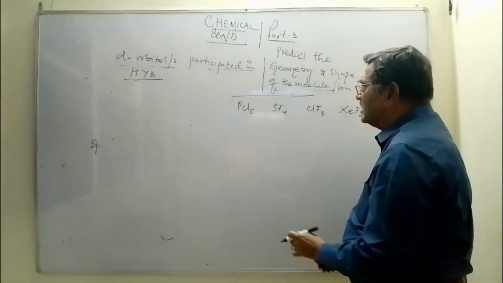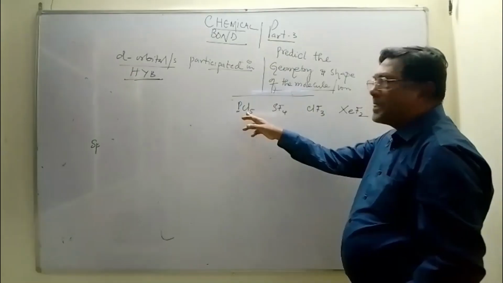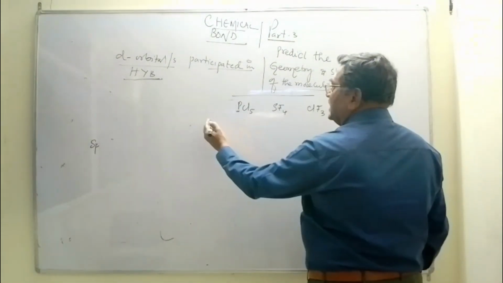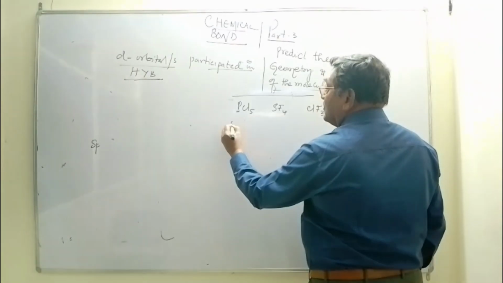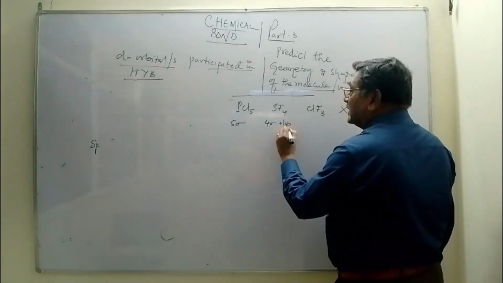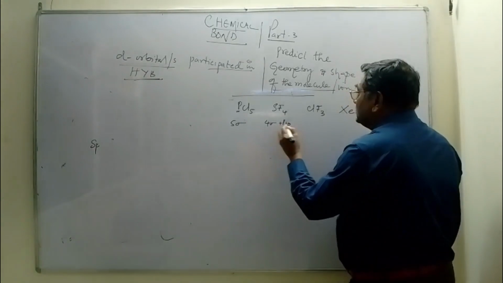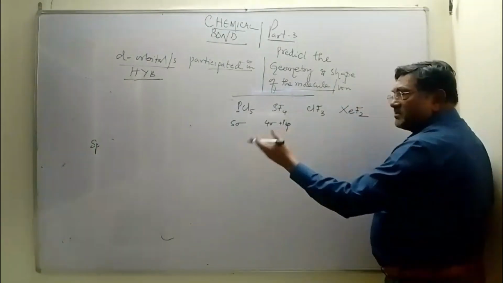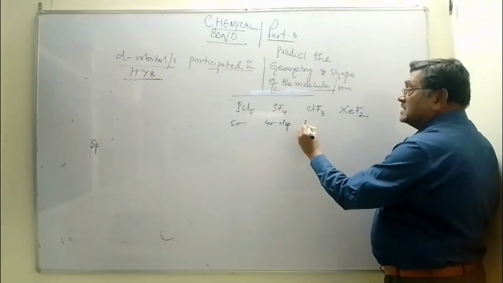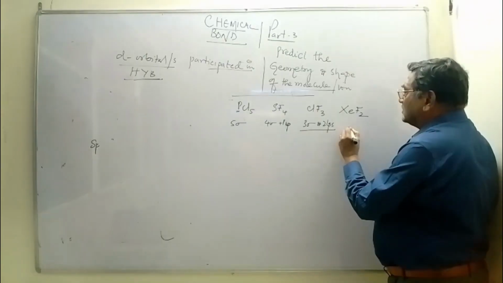How do you find out its hybridization? Find out the number of sigma bonds. Here the bonded atoms are 5. Its n value is going to be 5. 4 sigma plus 1 lone pair. 3 sigma and 2 LPs, lone pairs of electrons.